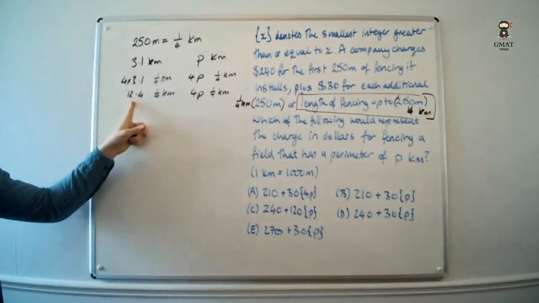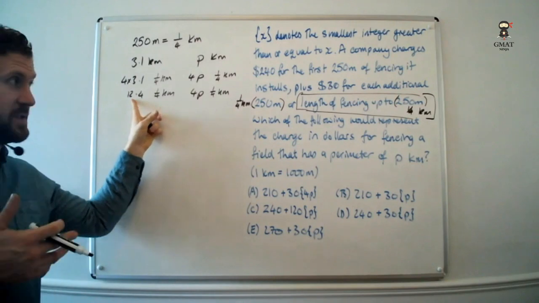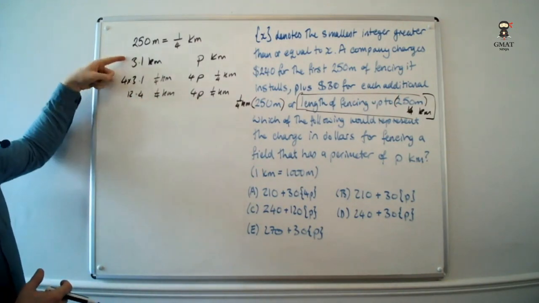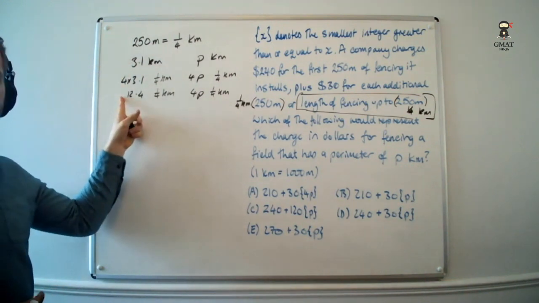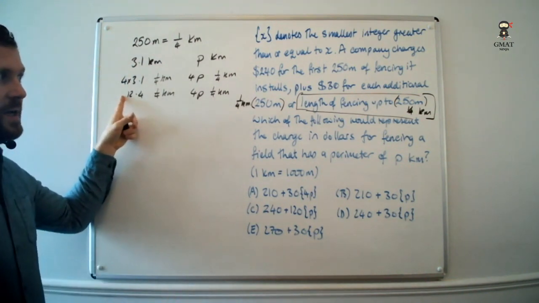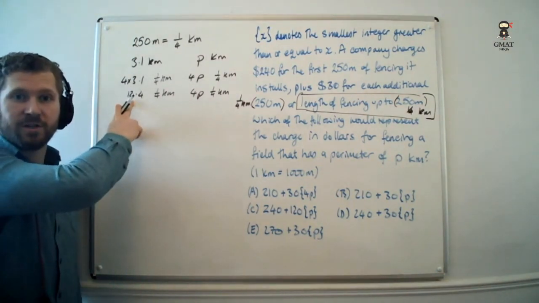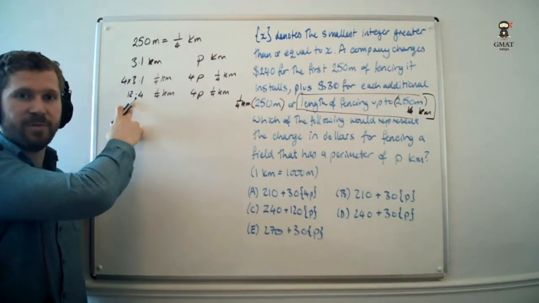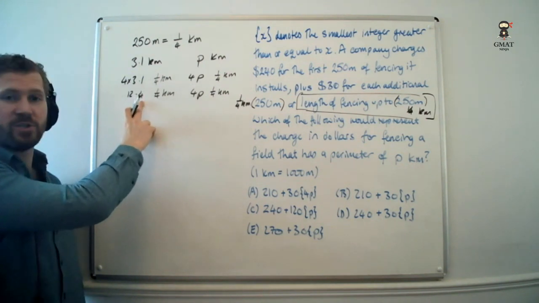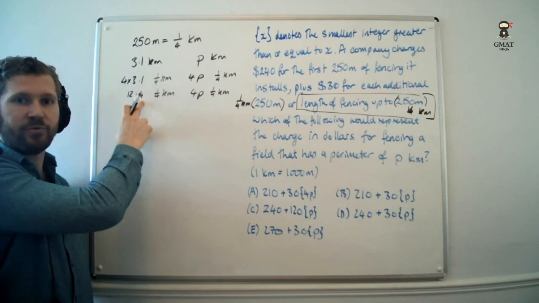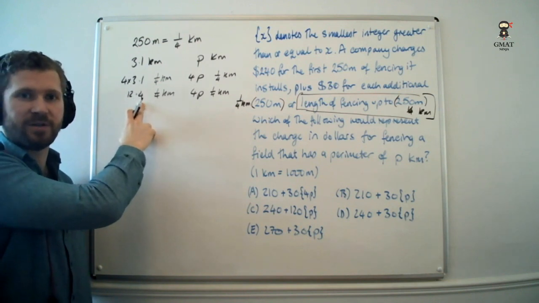Look here, I'm going to deal with the numbers first so that we can see this in action, then we'll move over to the question we're dealing with. If I have 3.1 kilometers, we said that was 12.4 quarter kilometers. I will be charged $30 for each of those 12 quarter kilometers, those 250 meter blocks, but I'll also be charged a full $30 for that 0.4 of a kilometer I've got at the end.